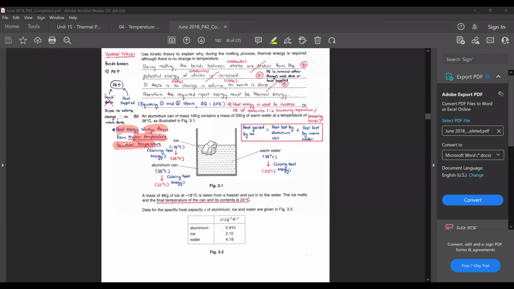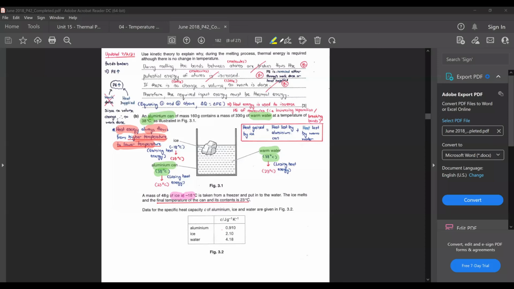Okay, so in your case, you look at your current diagram, you actually have three things to consider. Aluminum can and warm water, both at temperature 38 degrees. And then after that, you have ice at negative 18 degrees. So if you look at your aluminum can right now, it is at 38 degrees and your warm water is at 38 degrees.